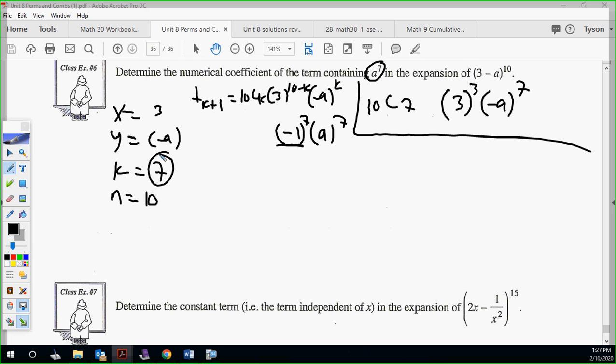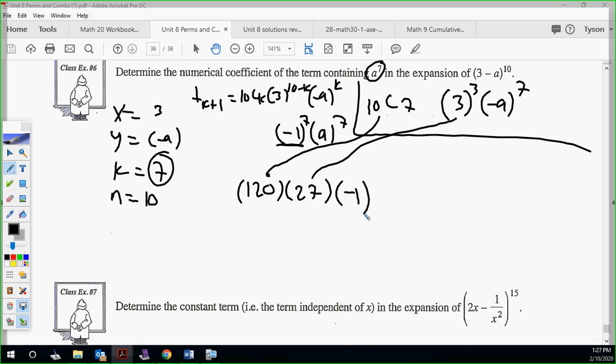Okay, so if we go ahead and do this here. So 10C7 gets us, what's 10C7? Is it, no. Somebody do 10C7 for me. I know 120. So 120 is 10C7. 3 cubed is 27. And then we know we're going to have a negative 1 because of that 7 on the negative.